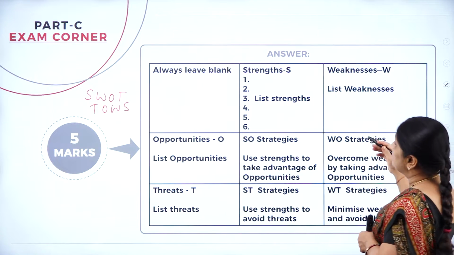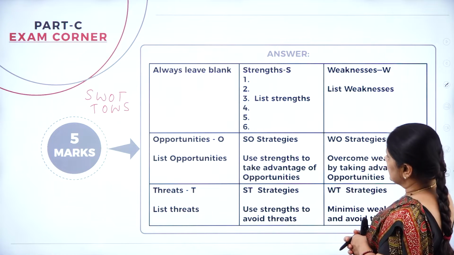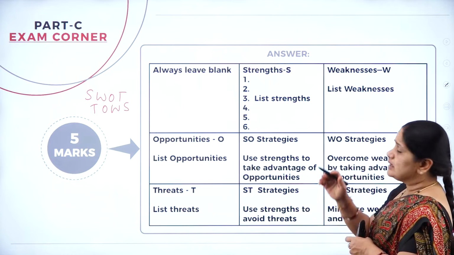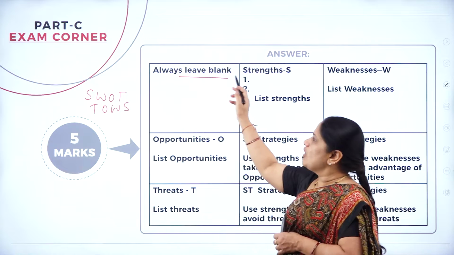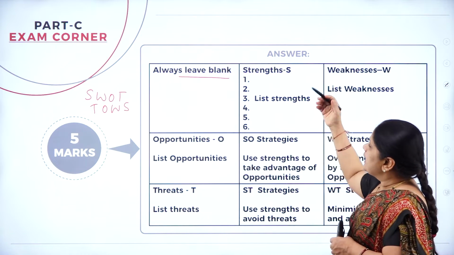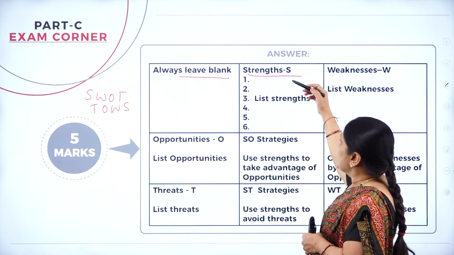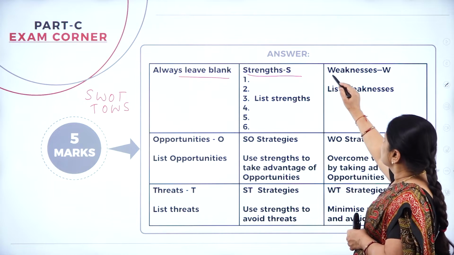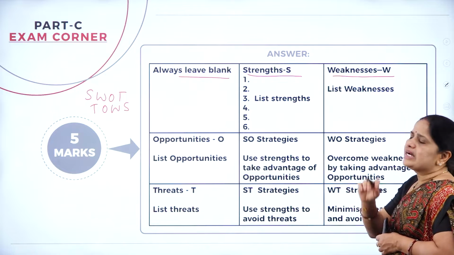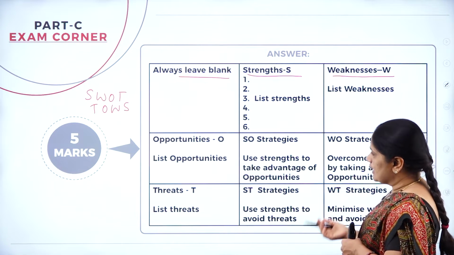We have a matrix grid here, and this grid comprises 9 squares. Usually the first square is always left blank, and in the second square we enumerate all the strengths of the company. Then in the third square, we enumerate all the weaknesses of the company.